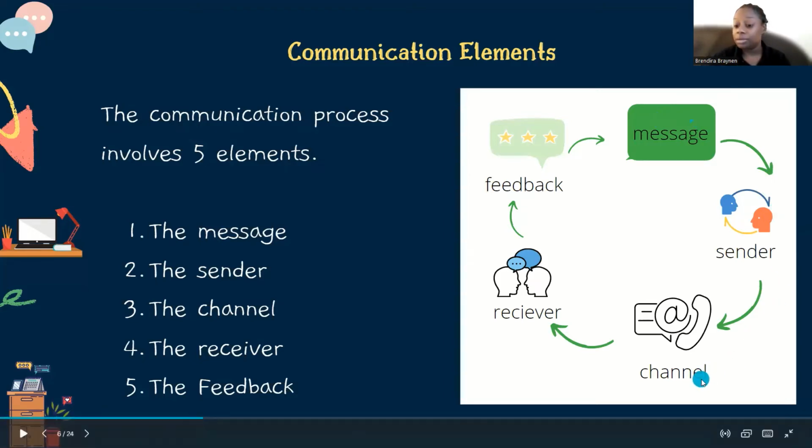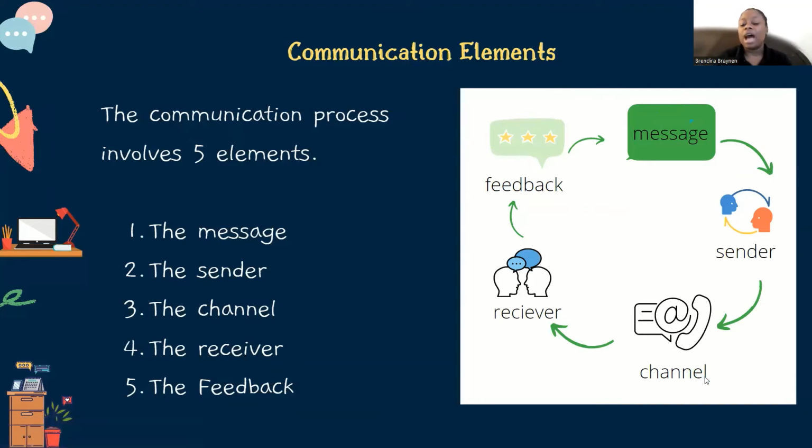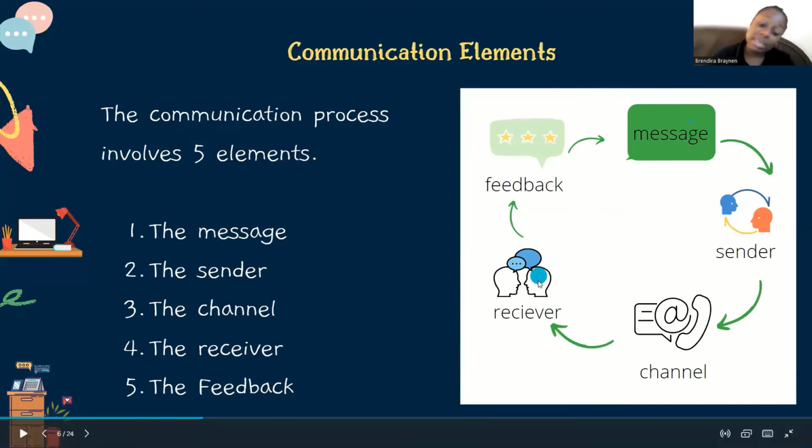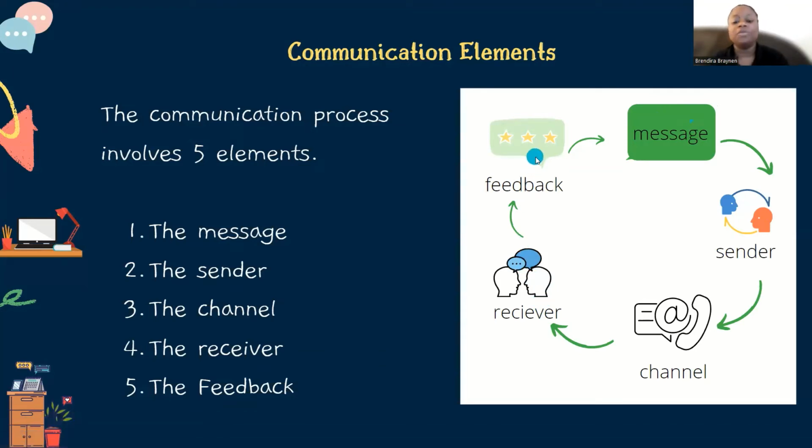We have the channel, which is the method used to communicate the actual message. The receiver, the person receiving the message, and then feedback, information that comes back to the sender as a result of sending that message to the receiver. We're going to go through each of these 5 elements.